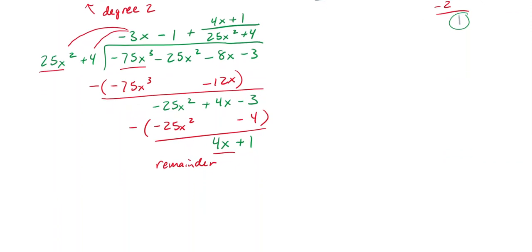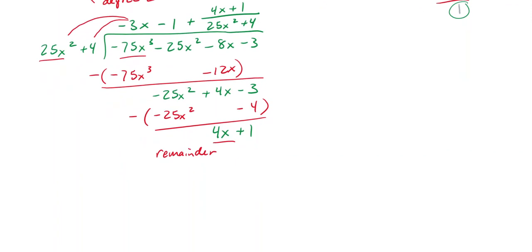And I can get back to the integration part of this problem. So integrating, I can now split this up into the front part, the negative 3x minus 1 dx will be its own integral, and then plus the integral of 4x plus 1 over 25x squared plus 4.